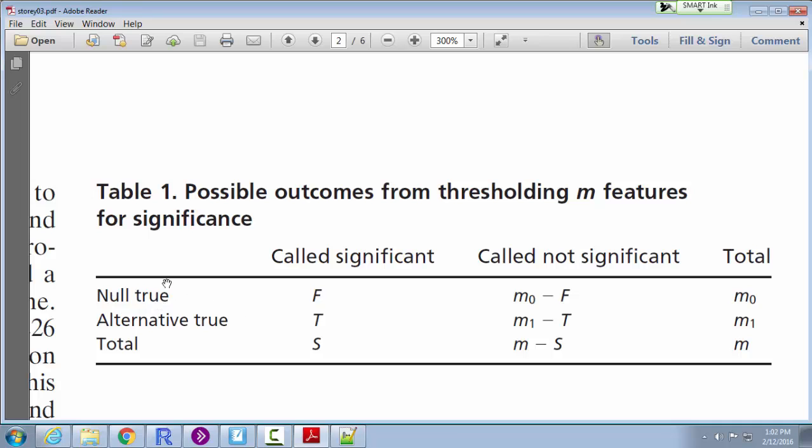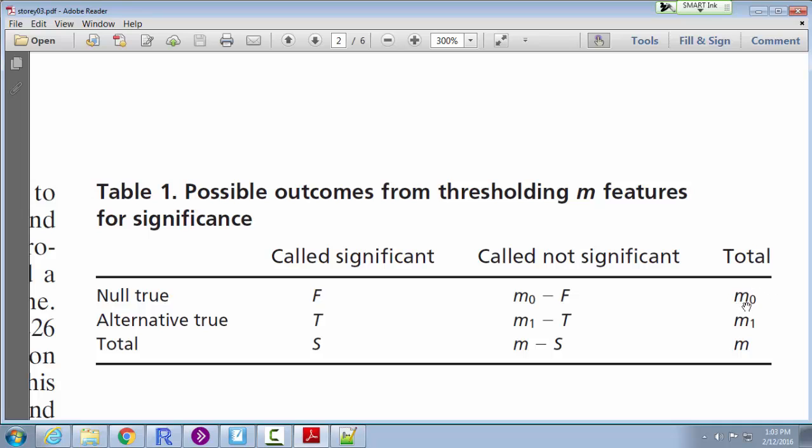Of the features that are null, we will potentially call some of them significant. Select them. Call the number of null features that we call significant capital F, like a false discovery. Call the number of alternatives that we correctly call significant, capital T, for true discovery.